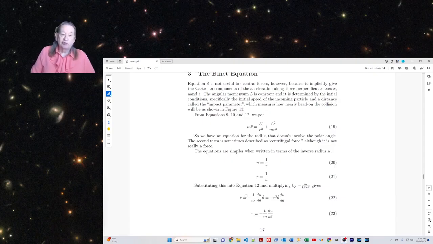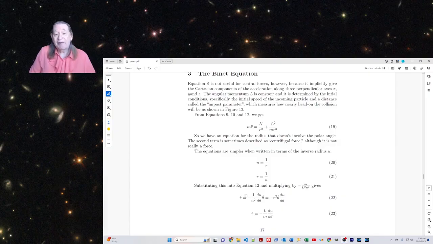This is Newton's second law of motion, F equals ma, in polar coordinates. And so we've eliminated theta, the polar angle. The second term, the L over m r cubed, is sometimes called centrifugal force, although it's not really a force.